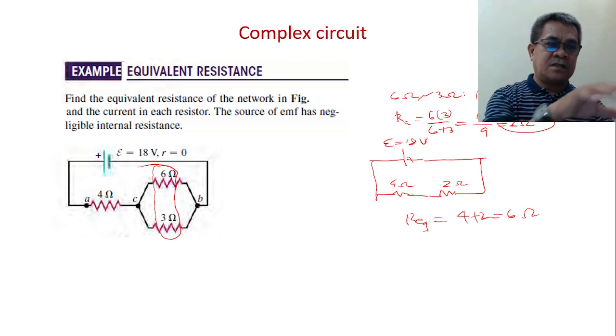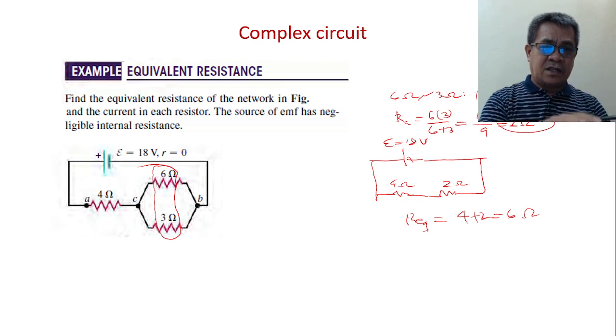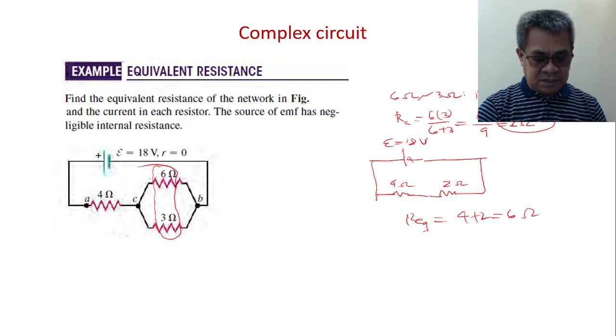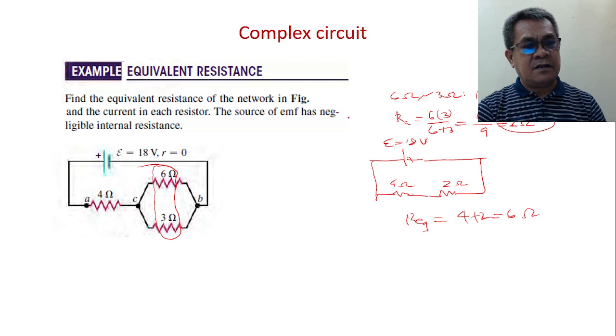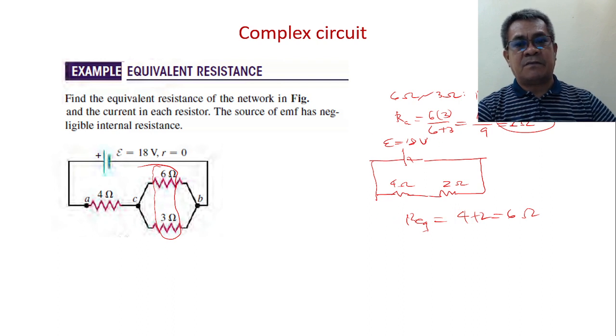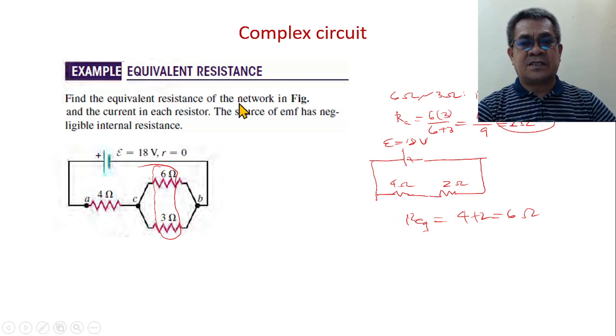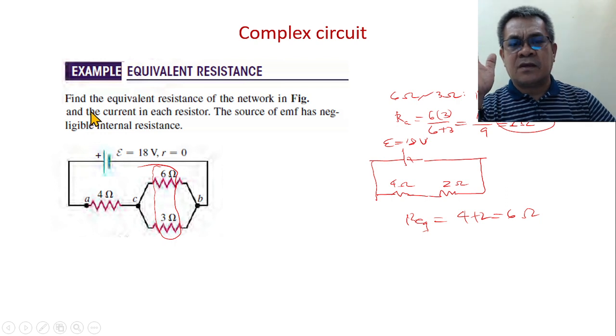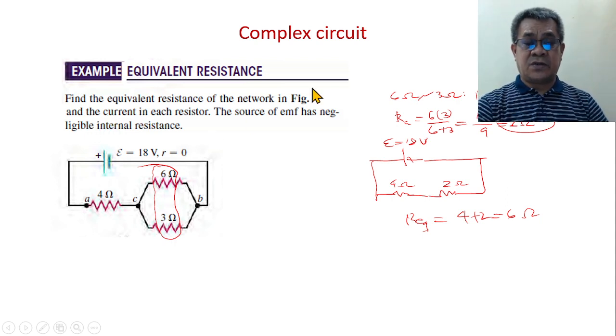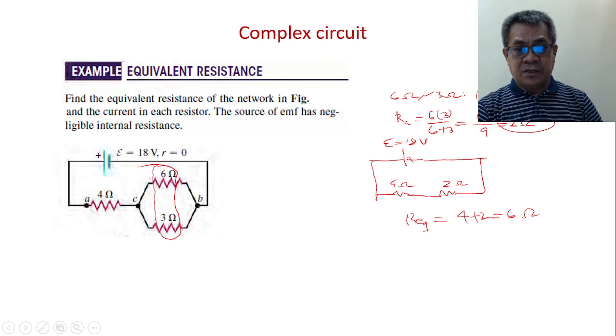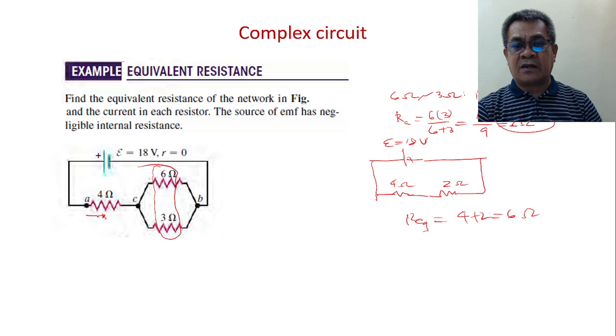Make it simple until you arrive at the simplest form. So therefore, this is now the answer to the problem. What is the equivalent resistance? But take note, you are asked to calculate the current in each resistor, which means that we need to know what is the current that passes through this one. And I can call this I1.